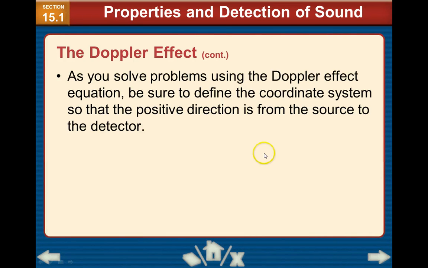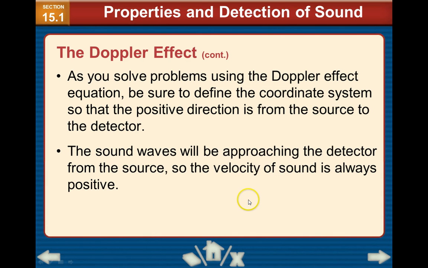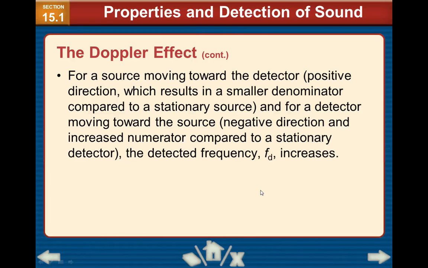To solve a problem using the Doppler effect, set up the coordinate system so that the positive direction is from the source to the detector. The velocity of the sound is always positive. For a source moving towards the detector, in the positive direction, this results in a smaller denominator compared to a stationary source.